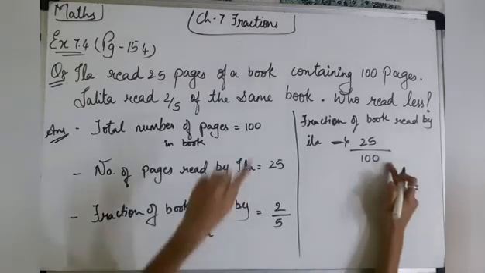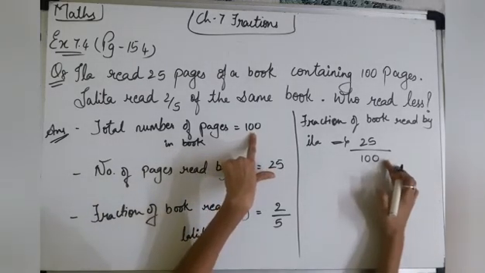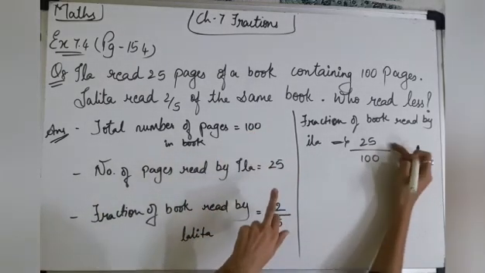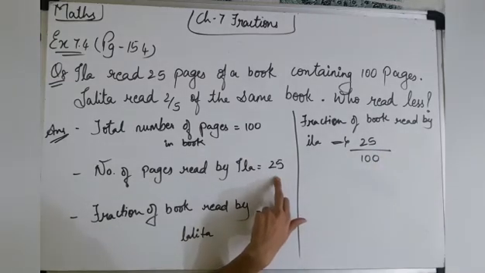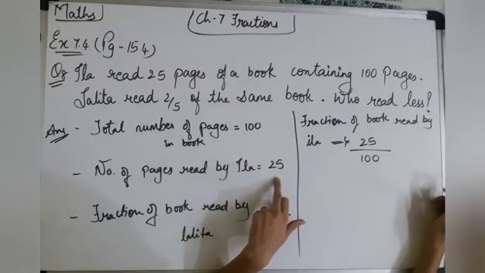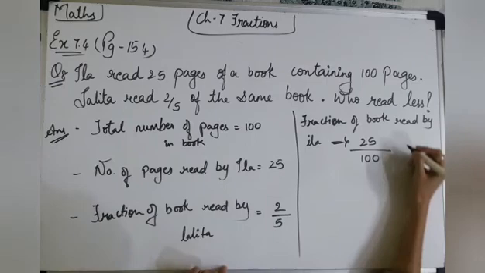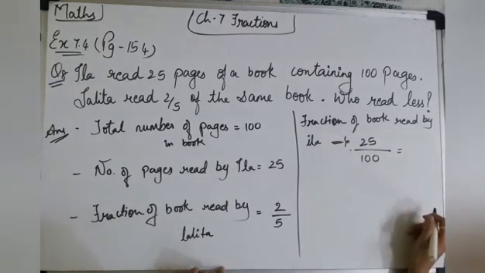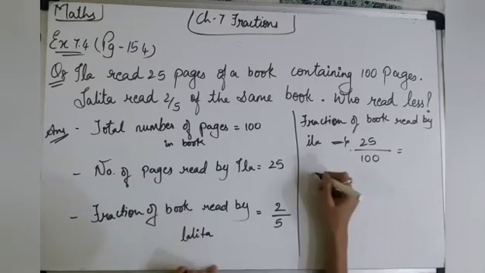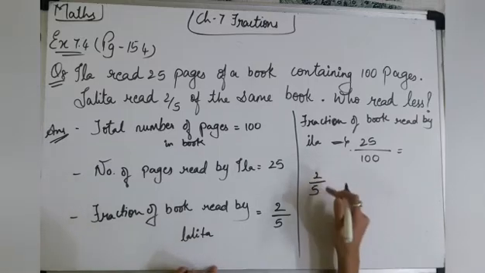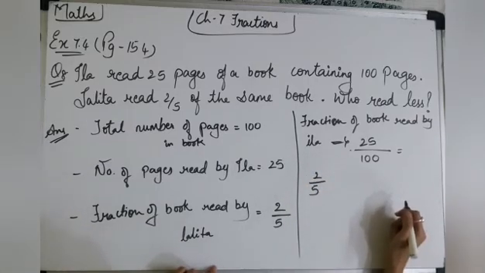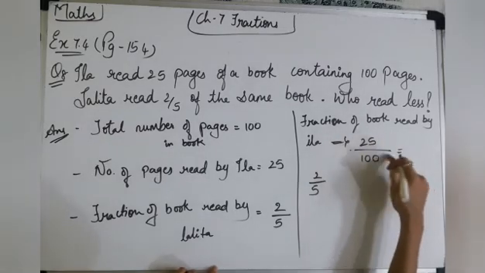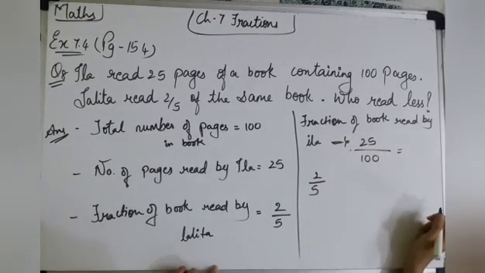In denominator we are writing total number of pages, and then the number of pages are read we are writing in the numerator. So we have to convert this into the simplest form. As you can see that 2 upon 5 is in the simplest form. So first we'll convert 25 upon 100 into the simplest form.